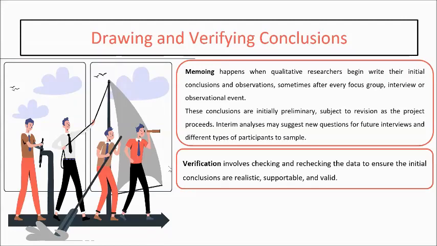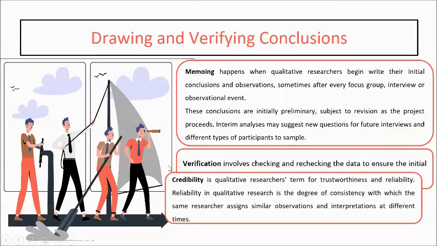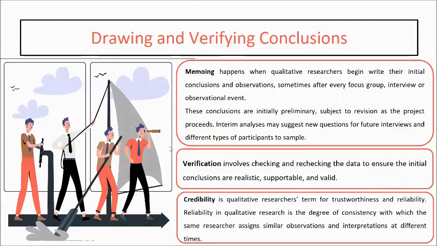And next is credibility. When we say credibility, this is a qualitative researcher's term for trustworthiness and reliability. It is the degree of consistency in which the same researcher assigns similar observations and interpretations at different times.